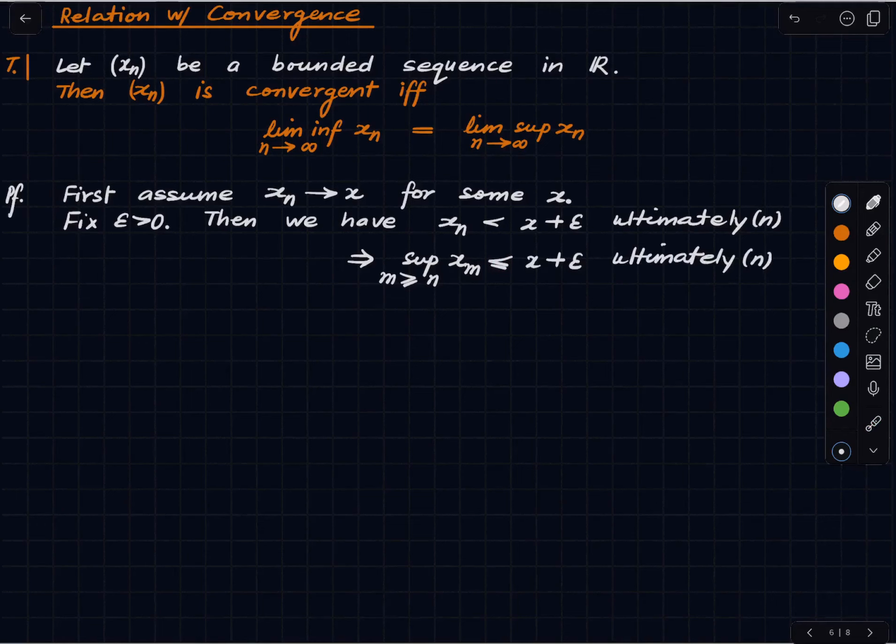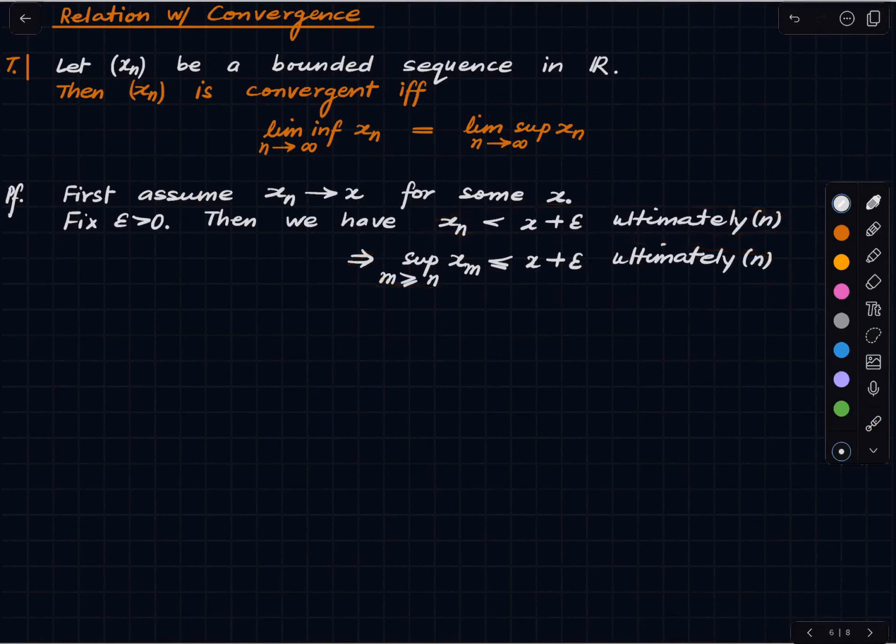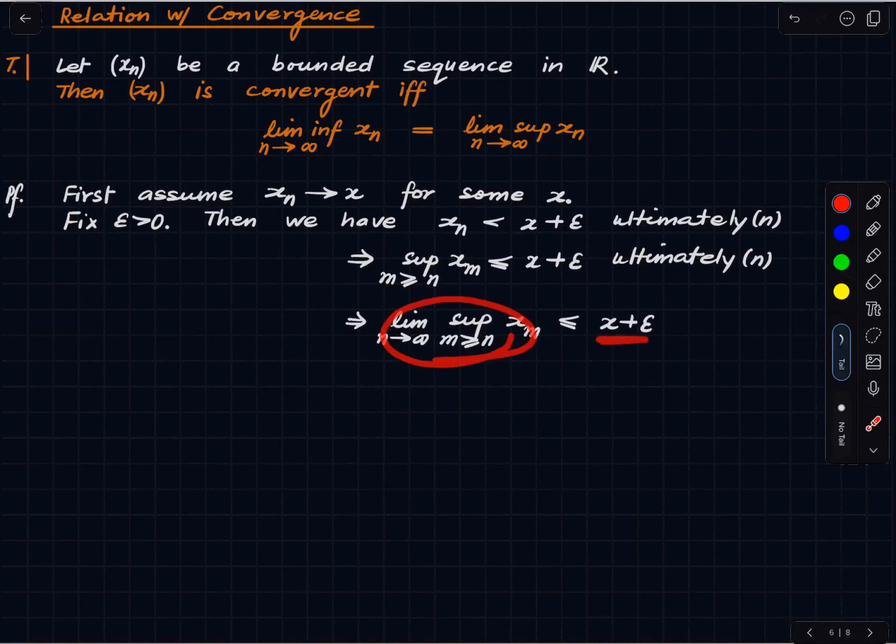So just convince yourself that this implies that. And therefore, it follows that if you take the limit, then the same thing holds. And that's it. This is the same as the limit superior. So the limit superior is at most this much.